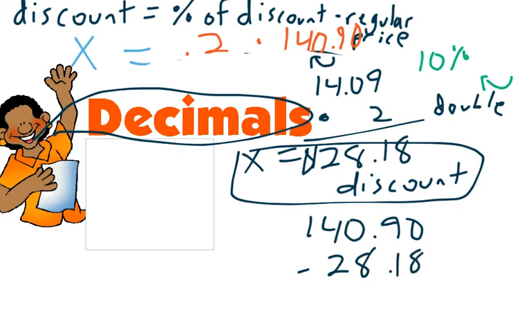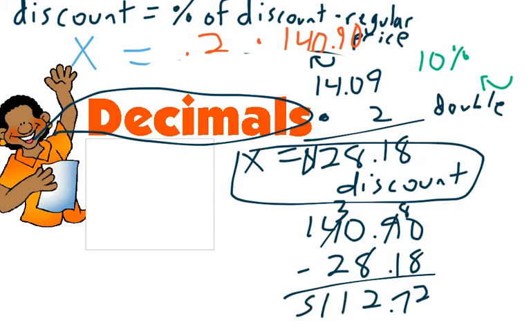And I need to borrow there. Bring the decimal straight down. I'll borrow here. And I get 10 minus 8 is 2, 3 minus 2 is 1, and 1 minus nothing is 1. So it's $112.72 is our new price, also known as our sale price.